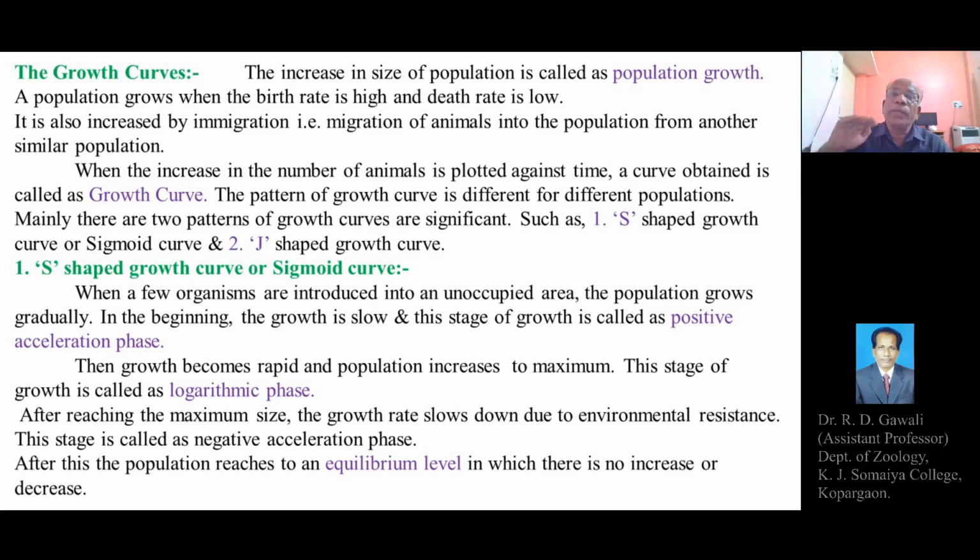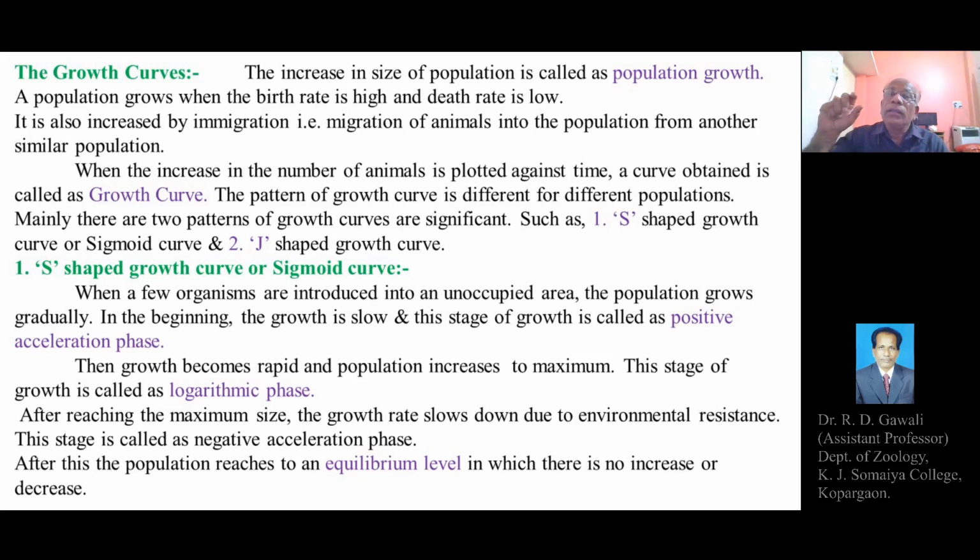So in the initial phase of the population growth in a given area, where there is introduction or entry of a few organisms, these few organisms will undergo their breeding activities and increase the number of organisms through the process of reproduction.